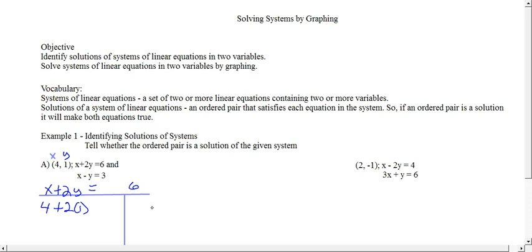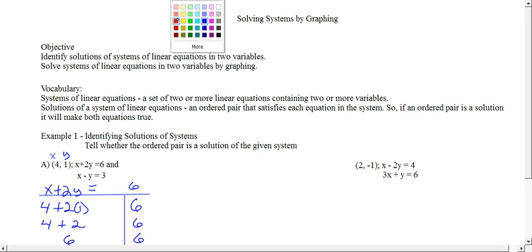That's our y value, and it's supposed to equal, and this line right here means equal, 6. So let's continue solving on the left. That's 4 plus 2, which is equal to 6. And then of course 6 is equal to 6. So that's telling me that this is a solution to this particular equation.